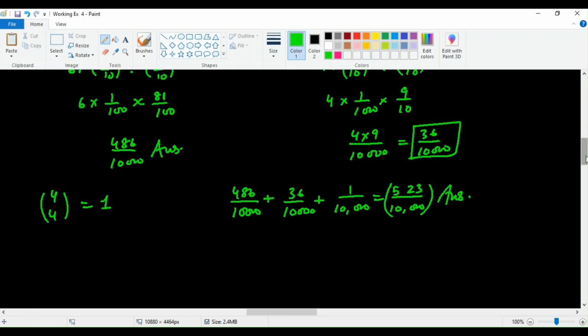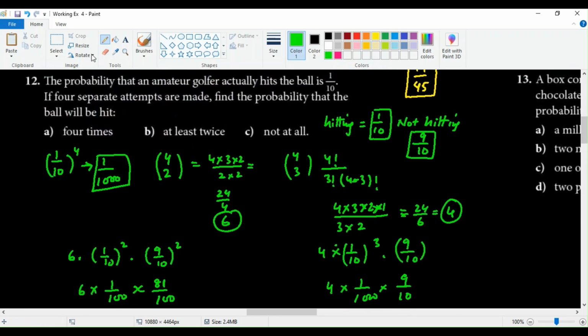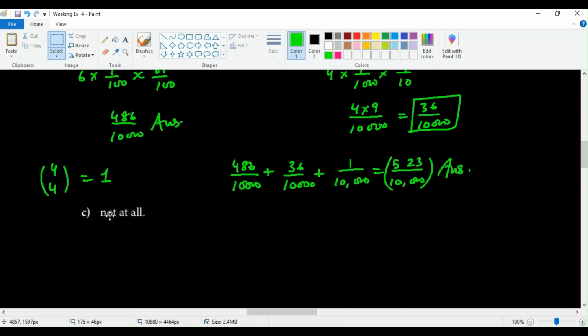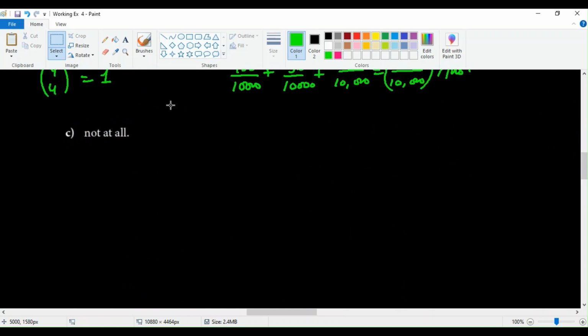Now comes part C. I should bring this a little down. Okay, for that it means a zero hit, possibility of zero hit.